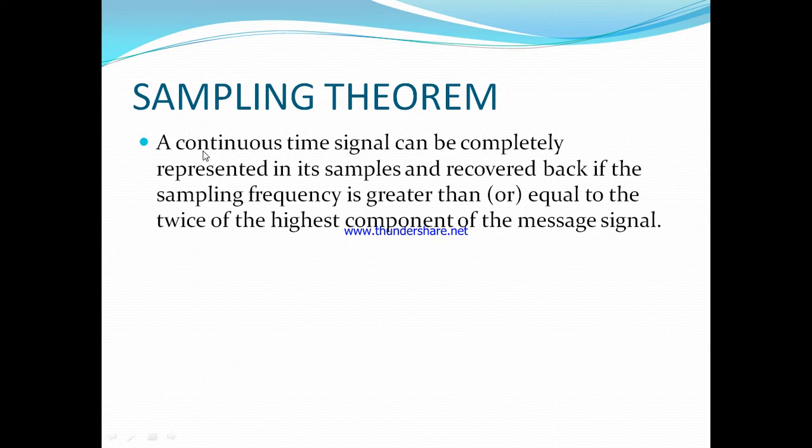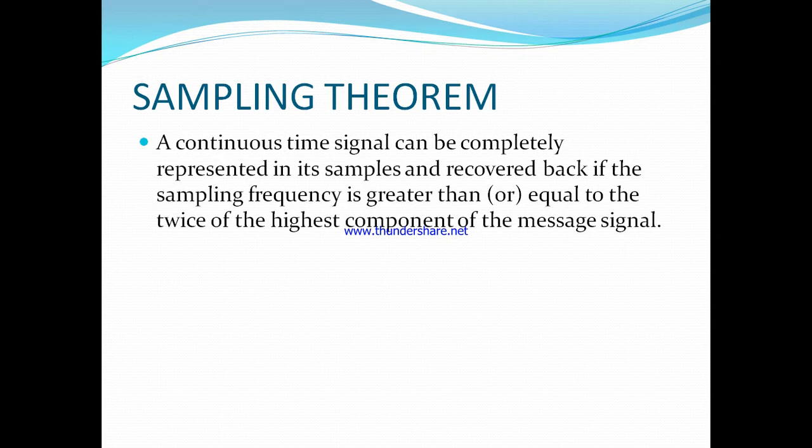In the sampling theorem, a continuous time signal can be completely represented in its samples, and it can be recovered back if the sampling frequency is greater than or equal to twice the highest component of the message signal.